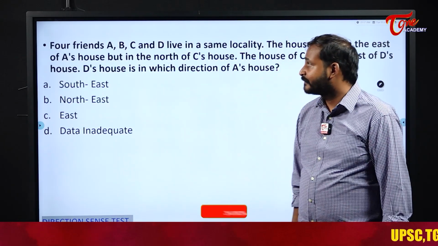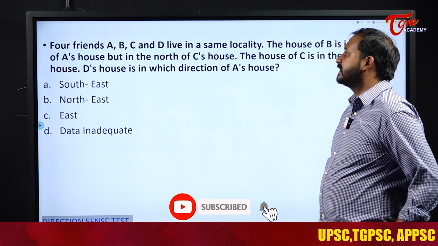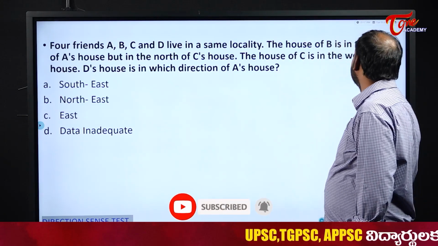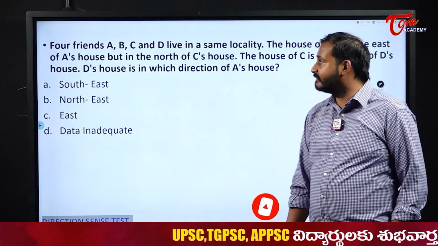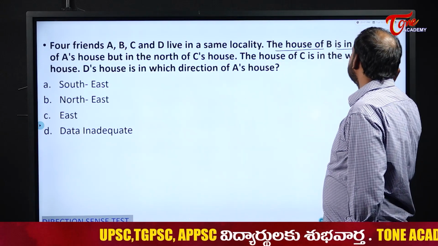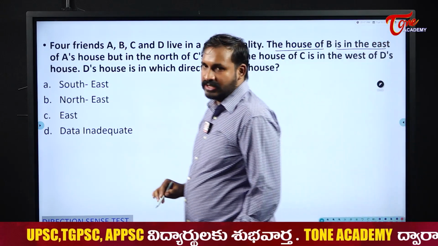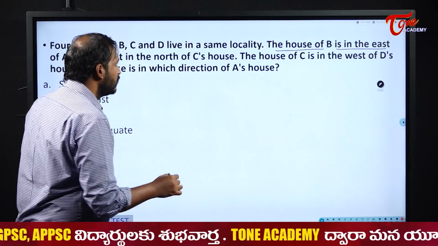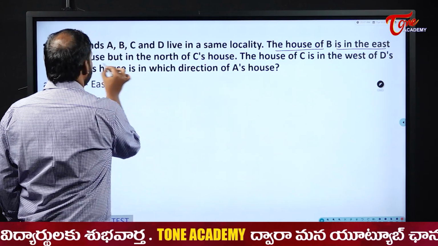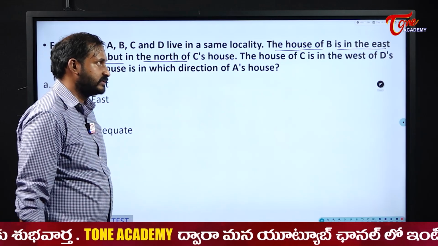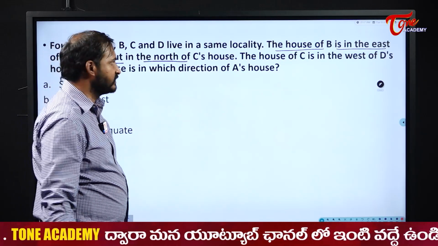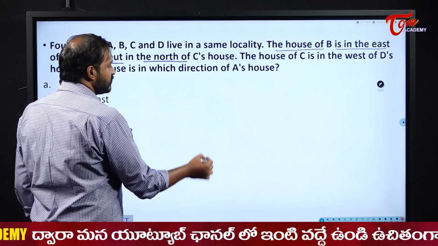That is enough. Okay, 4 friends A, B, C and D live in same locality. Okay. Now, in the same locality they are living. The house of B is in the east of A's house. Okay. Now, see here. House of B is in the east of A's house but is in the north of C's house. Two things they related at once. House of B is in the east of A's house, right?